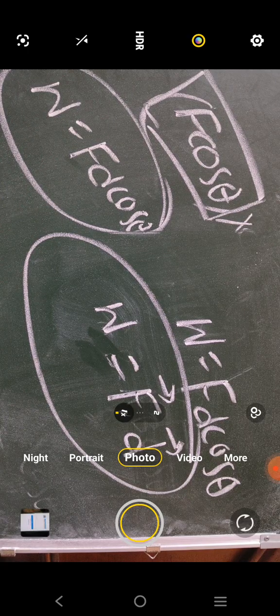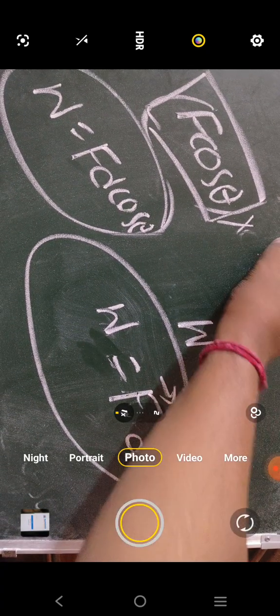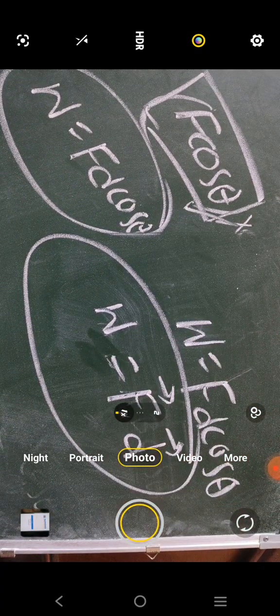If I generalize this, work done is the product of the component of force along the direction of displacement.